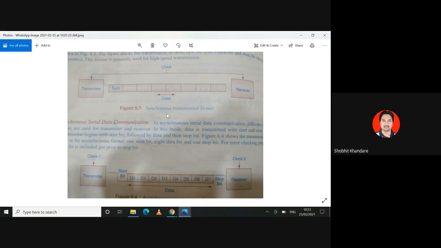9600 bits are transmitted in 1 second. It means 9600 bits are transmitted in 1 second.